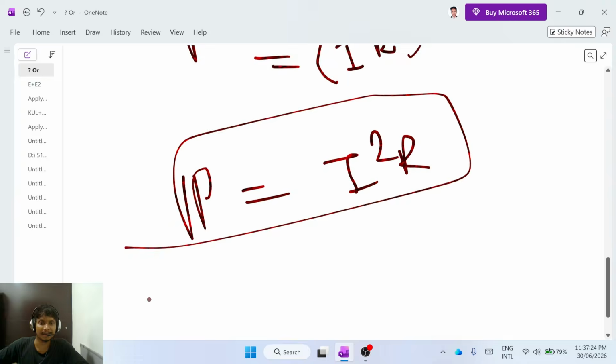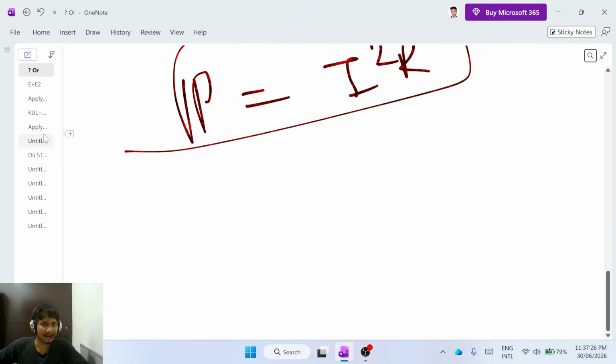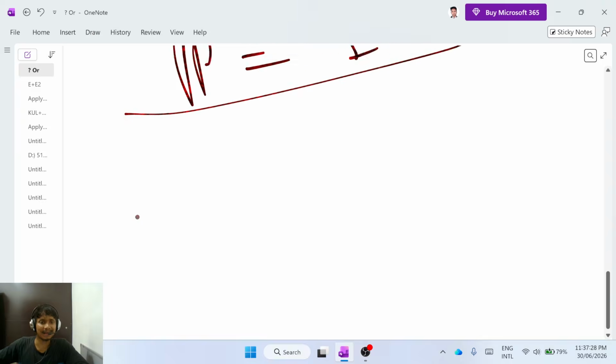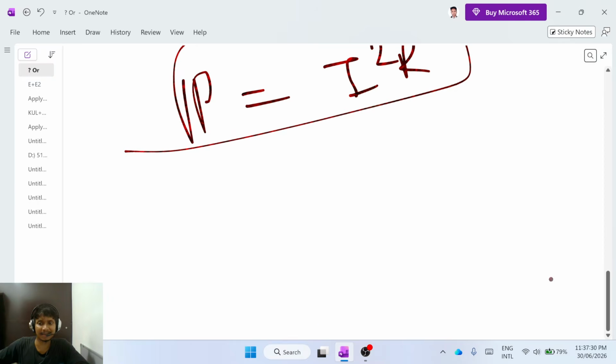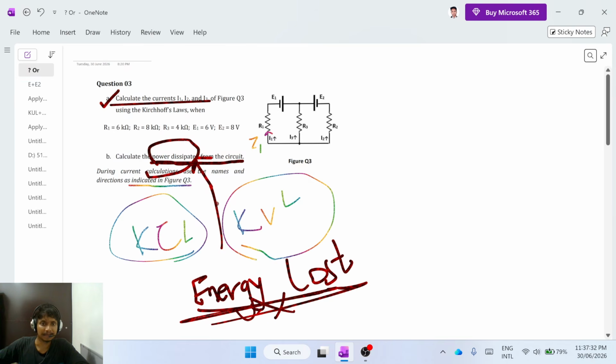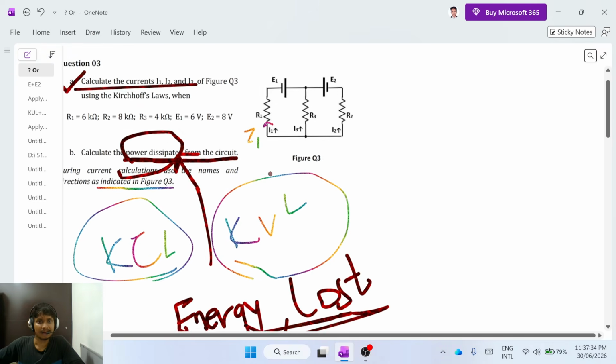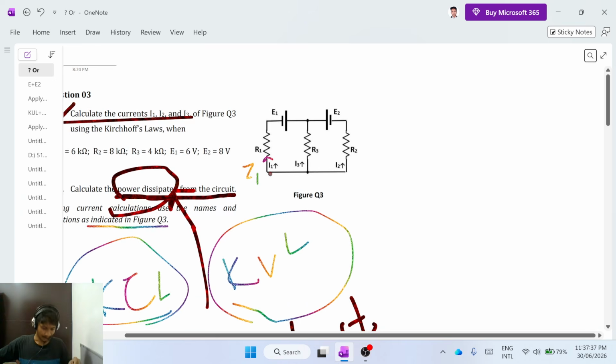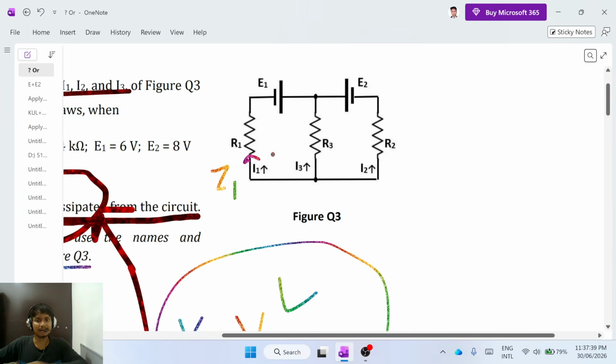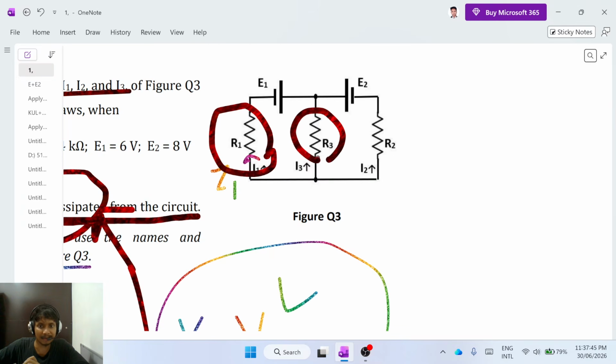Now we have to find the power dissipated, the energy loss. It's very simple. The power dissipation or energy loss will take place in these three components, R1, R2, and R3. How?